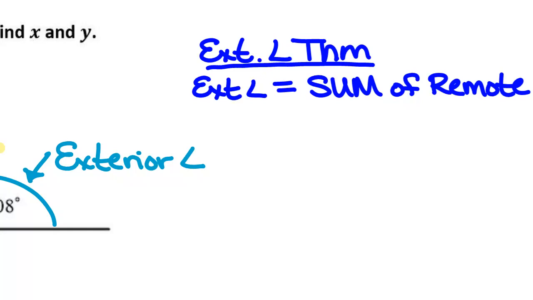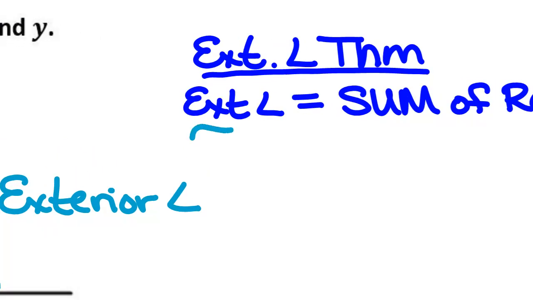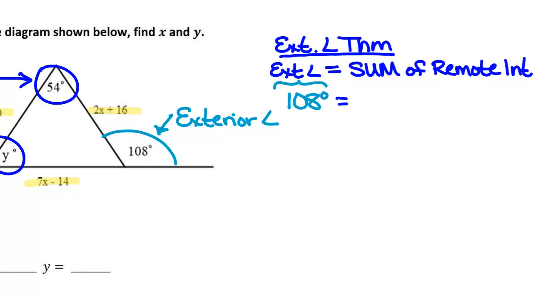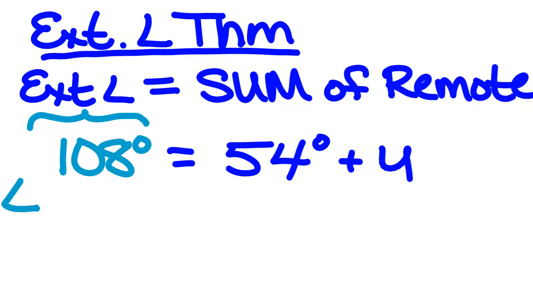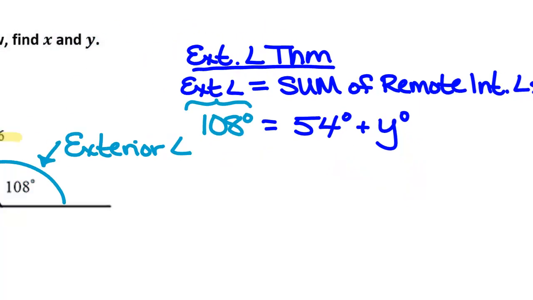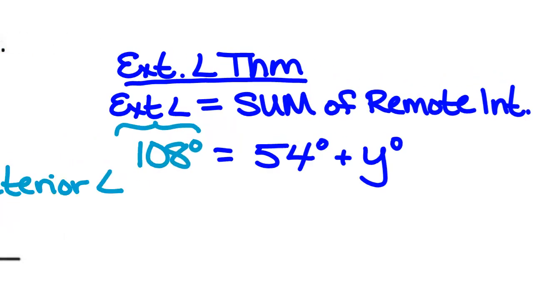So how big is my exterior angle again? 108 degrees. And that is equal to the sum of the two remote interior angles. How big are the two remote interior angles? 54 and y. So 54 plus y equals 108.